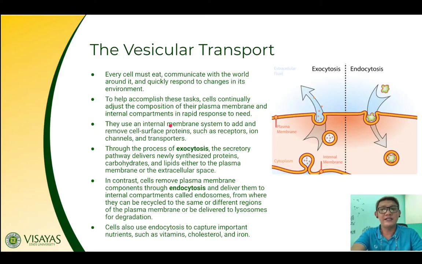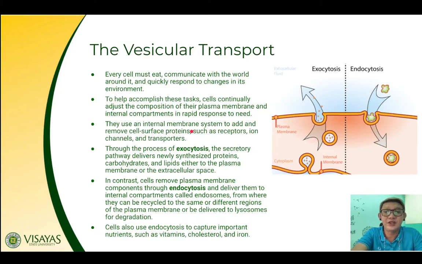We know that every cell must eat, communicate with the world around it, and quickly respond to changes in its environment. To help accomplish these tasks, cells continually adjust the composition of their plasma membrane and internal compartments in rapid response to need.